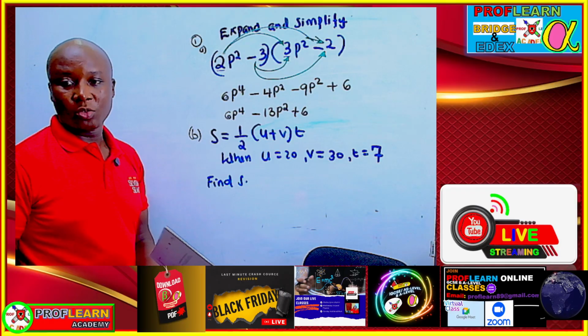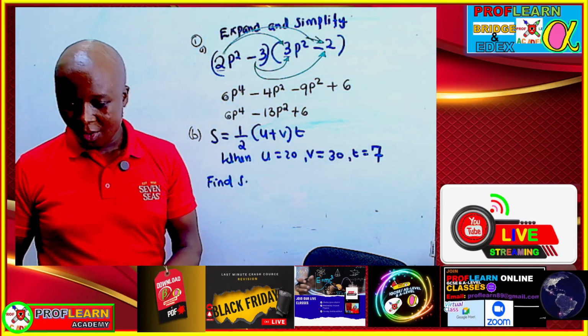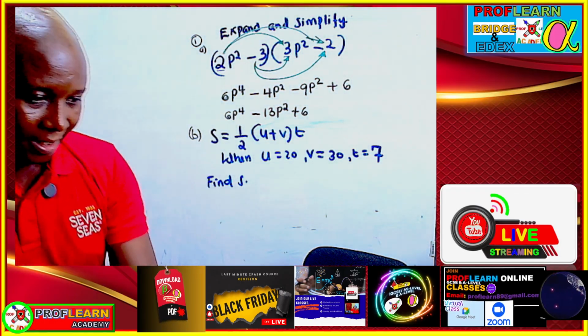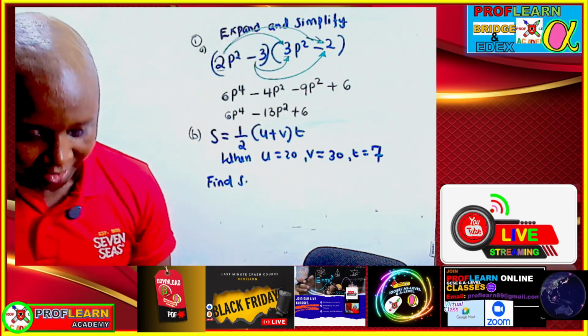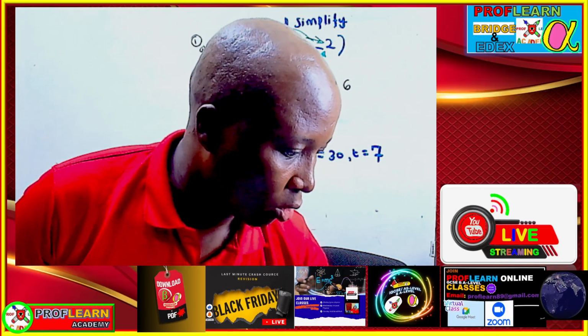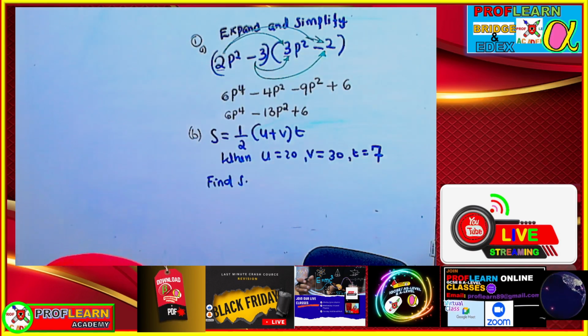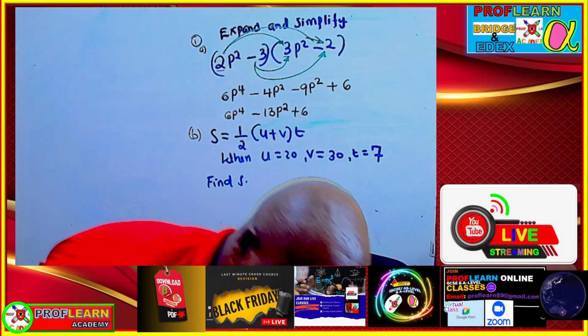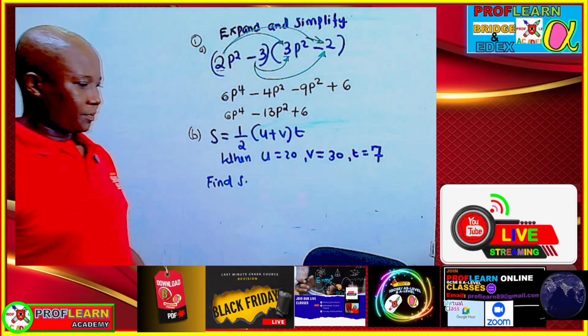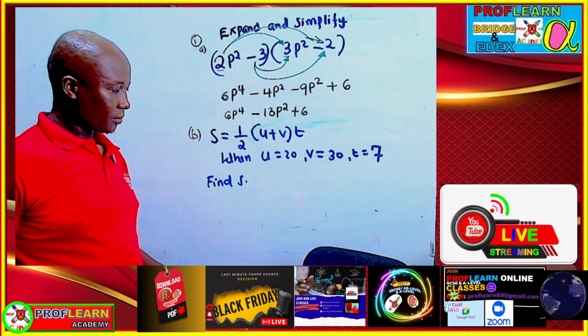Whenever you're going to be given a question like this, what you need to remember and what you need to do is to do correct substitution so that you can be able to get the correct answer.